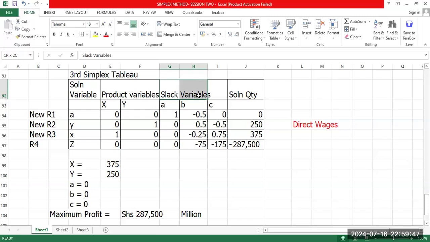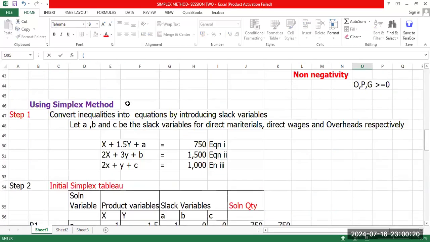You come to your solution variable column. Consider the slack variable corresponding to direct wages. What was that slack variable? We defined our slack variables and we said A is corresponding to direct materials, B is corresponding to direct wages, C is corresponding to overheads.